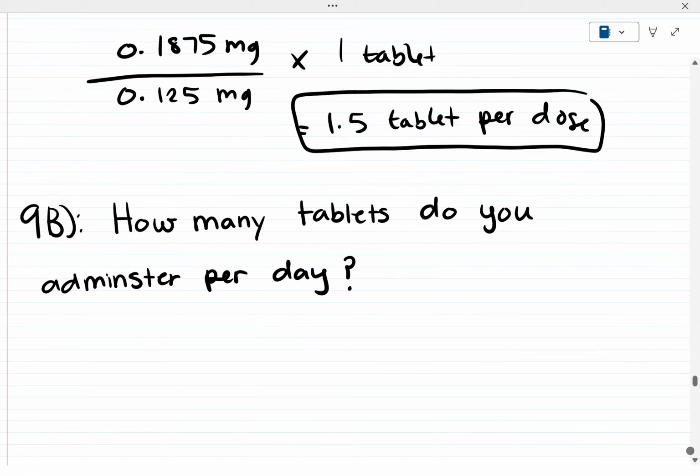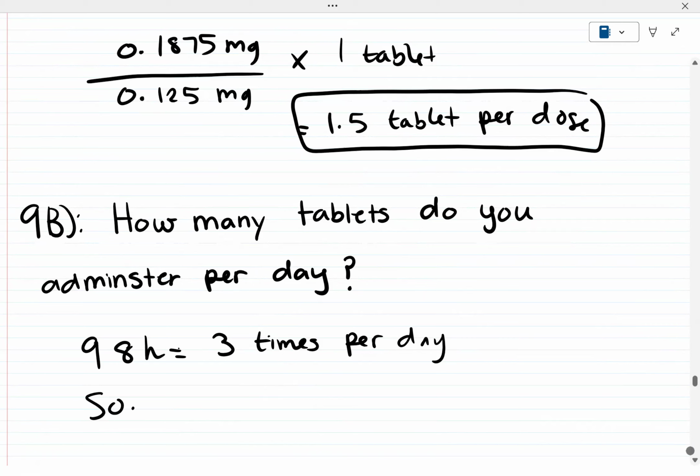If you go back to the problem, it had a frequency of Q8H, which means 3 times per day. So each dose is exactly 1.5 tablets, and then it's 3 times per day, so times it by three, you get 4.5 tablets in a day.